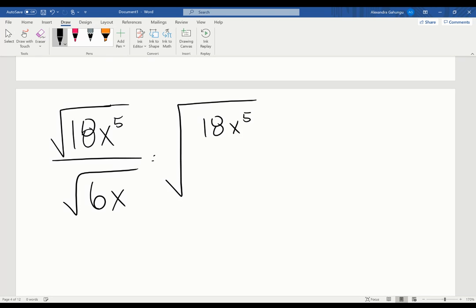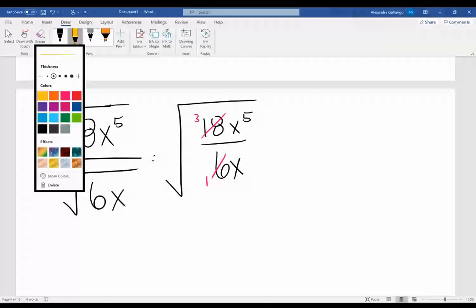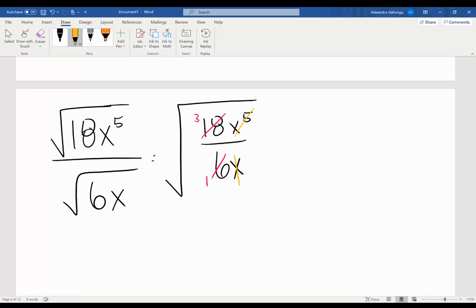And I want to simplify that first and then see what's left over. So for 18 and 6, it's 3 and 1. And x to the 5th, that means 5 x's up top, 1 x on the bottom. I'm left with x to the 4th and a 1 here. So I don't have anything in the denominator. I just have 3x to the 4th.